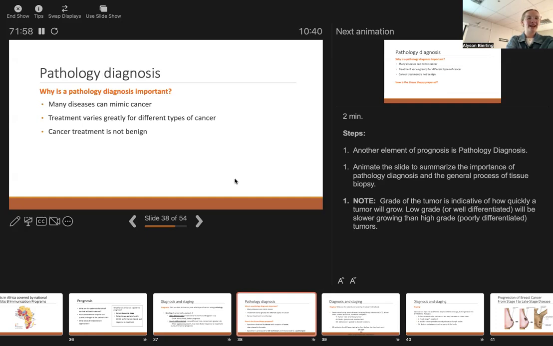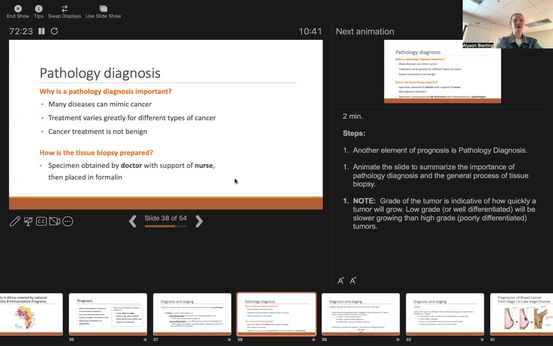Cancer treatment is really challenging. Patients can develop a lot of side effects. They might be on treatment for up to years. And so we don't want to treat a patient for cancer without knowing, based on pathology, that it is cancer. Okay.